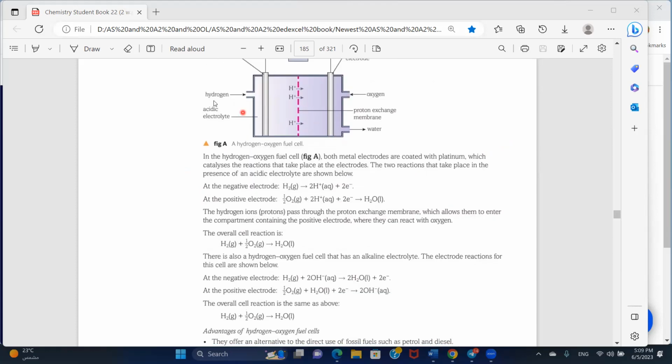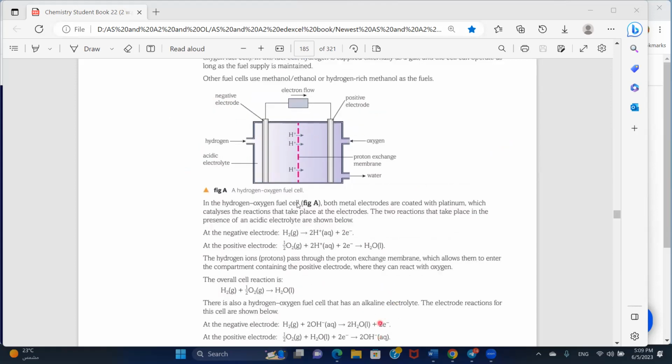Also here we have hydrogen and oxygen as our fuels, but when the hydrogen enters here and there is an electrolyte, the hydrogen gas reacts with the OH ions to form 2 water molecules plus 2 electrons. The electrons produced flow through the circuit and go to the cathode, and there the oxygen will take one of the water molecules and the electrons to form 2 hydroxide ions.